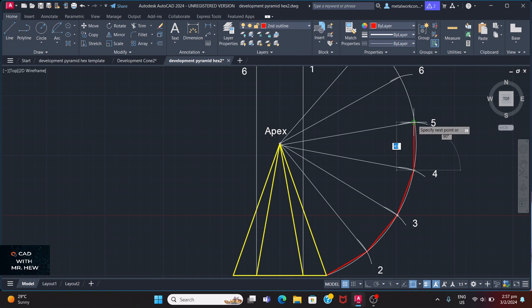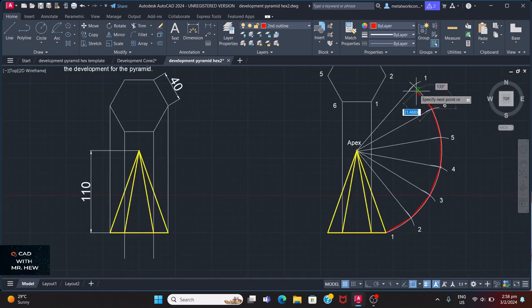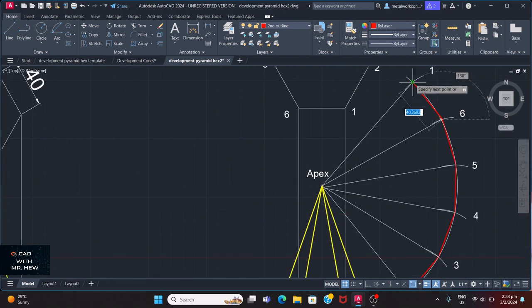We're drawing lines. 5, 6, and back to 1. And then we'll be drawing it to the apex. Then we darken the edges.